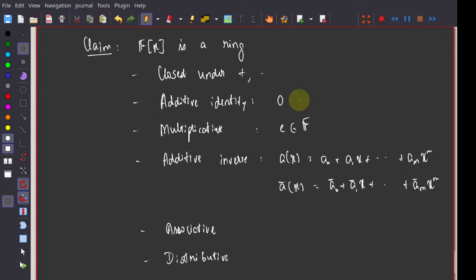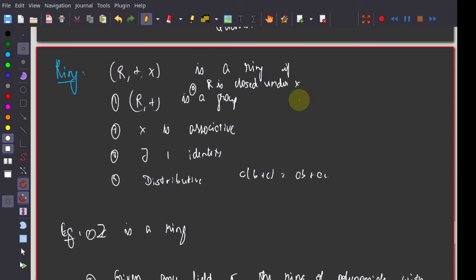Can you give me an example of a set which forms a group but not a ring? I mean any set.